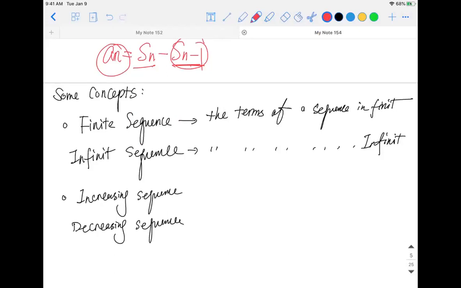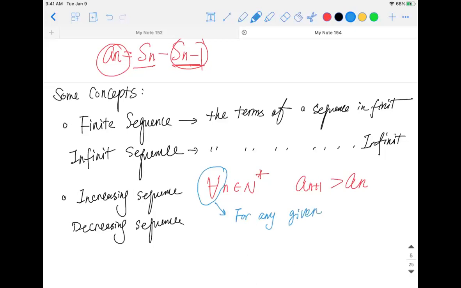We can say for any given n belongs to here, an plus 1 is greater than an, right? If you're not familiar with this symbol, it's nothing but a denotation to make my life a little bit easier. It means for any given.